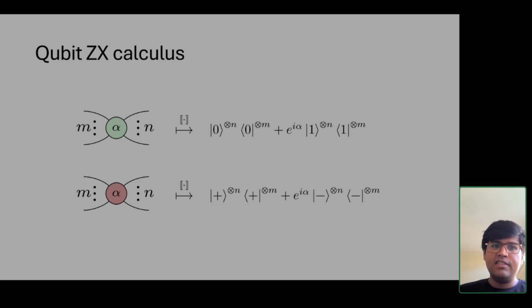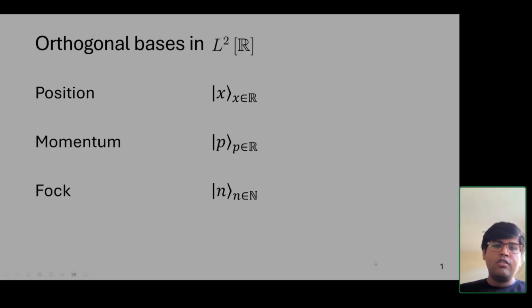To generalize the ZX calculus to infinite dimensions, we need to look at what kind of basis states are available and the ones that we care about. In L2(R), which is the Hilbert space for continuous variable systems, the basis states that we care about are position, momentum, and Fock. For position, ket x, x would be any real number.